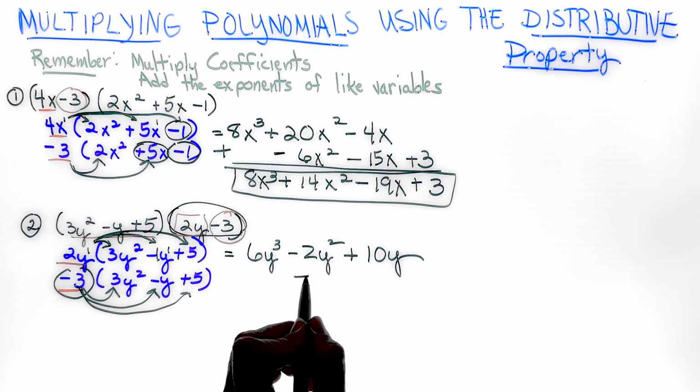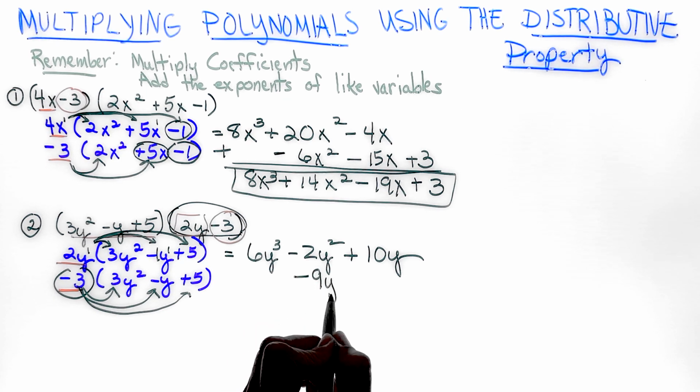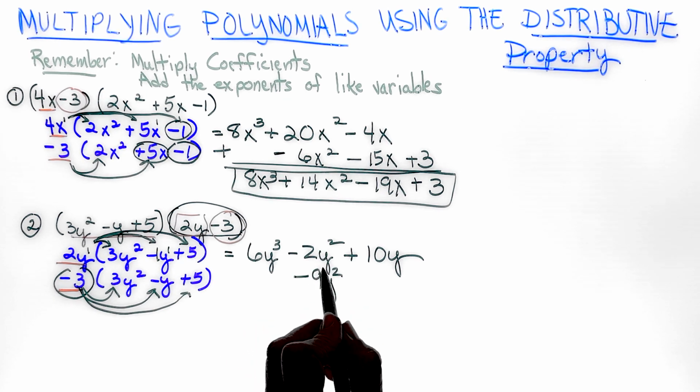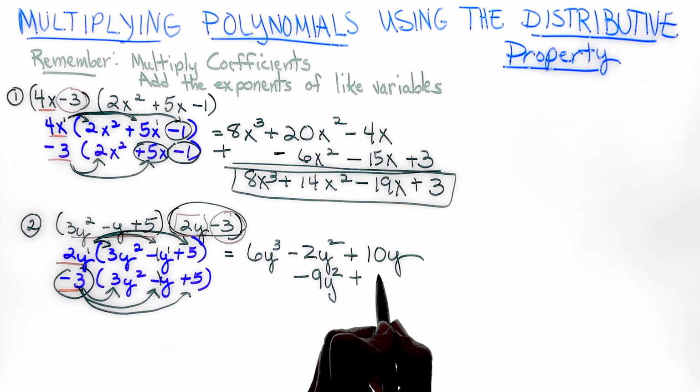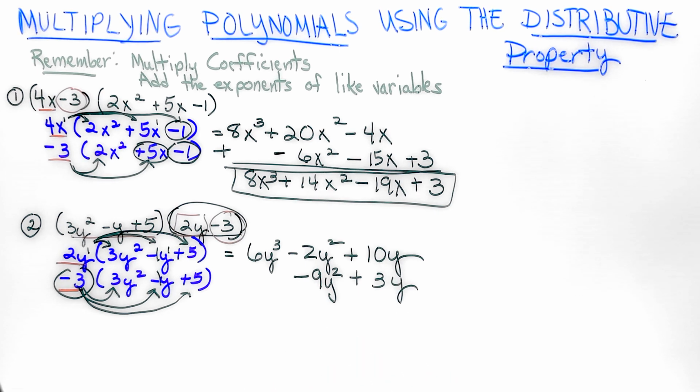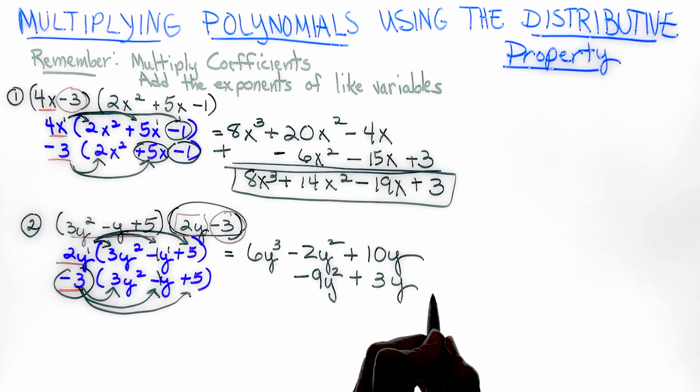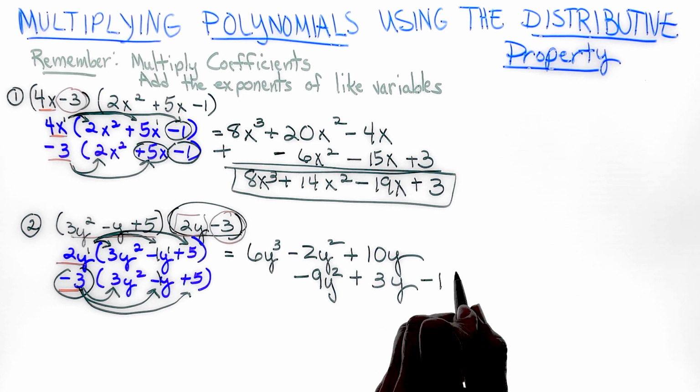So I'm putting it right here, negative 9y squared. I want to line up my like terms so I can add easily. A negative 3 times a negative 1 is going to be a positive 3, and we have a y. So it's plus 3y. And a negative 3 times 5 is a negative 15.